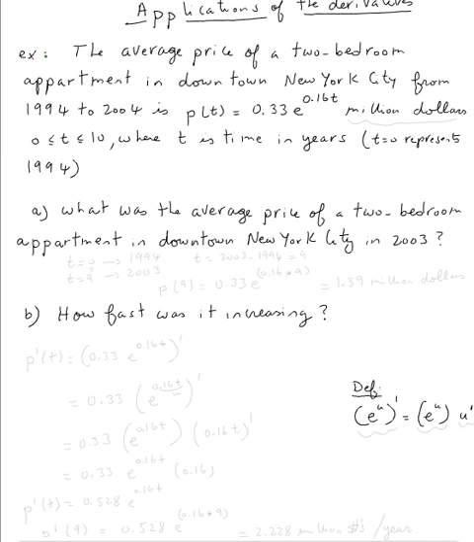Alright, so let's do the first example. What was the average price of a two-bedroom apartment in downtown New York City in 2003? Now remember, t equals 0 represents the year 1994. So for 2003, what should t be?